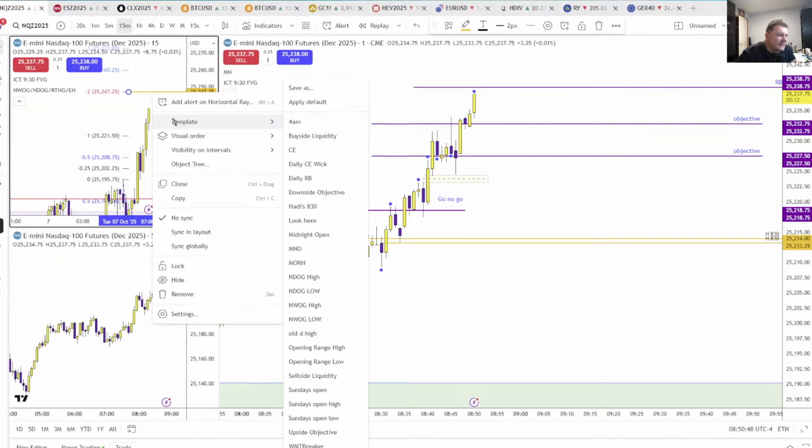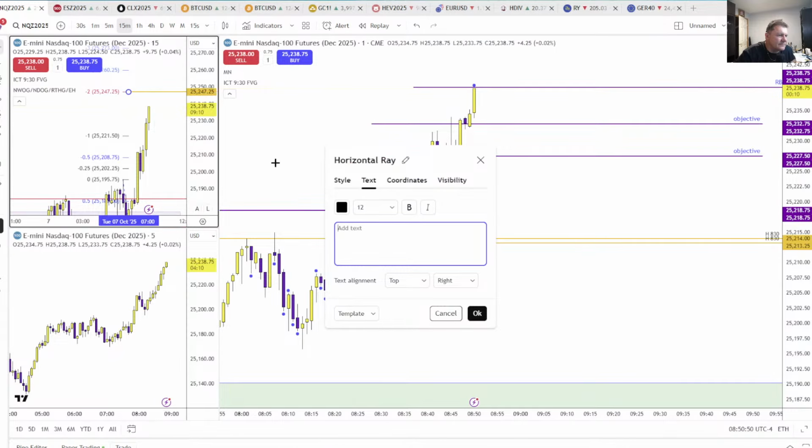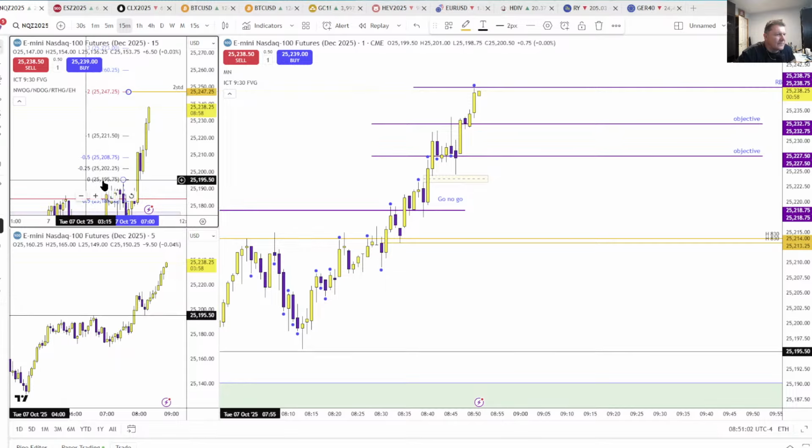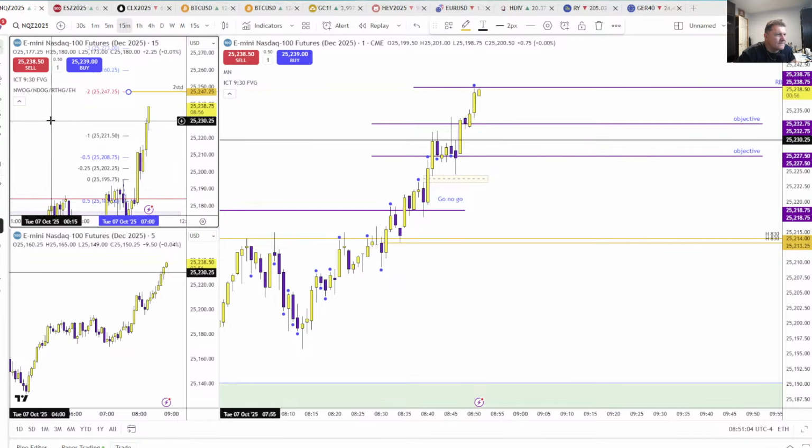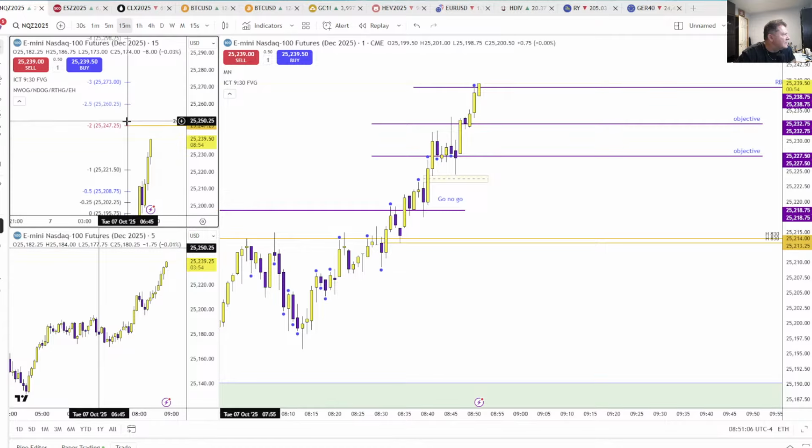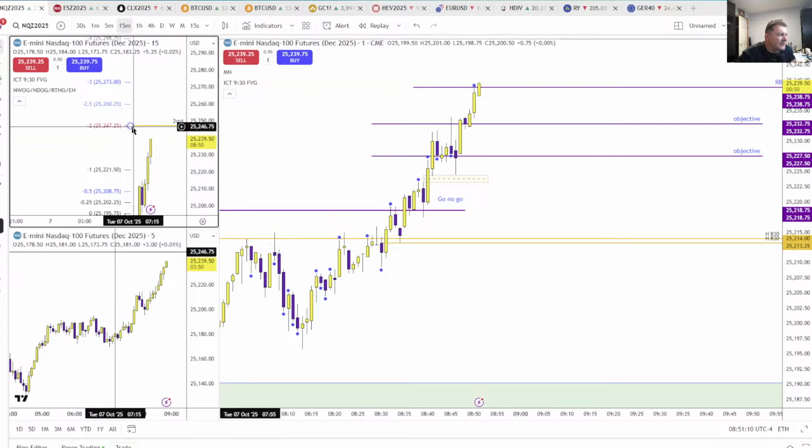this is 2 standard deviations here. That'll put you right at, so 2.5 will put us here.